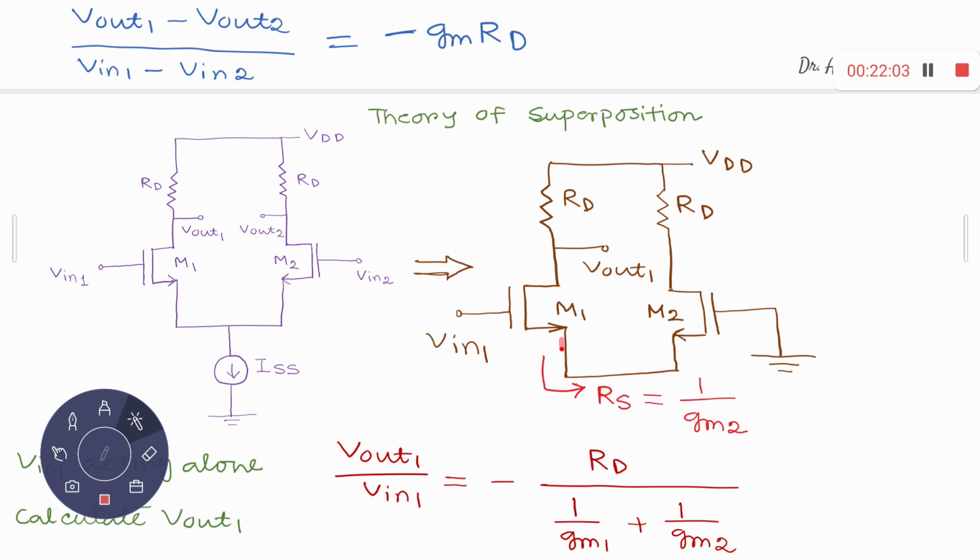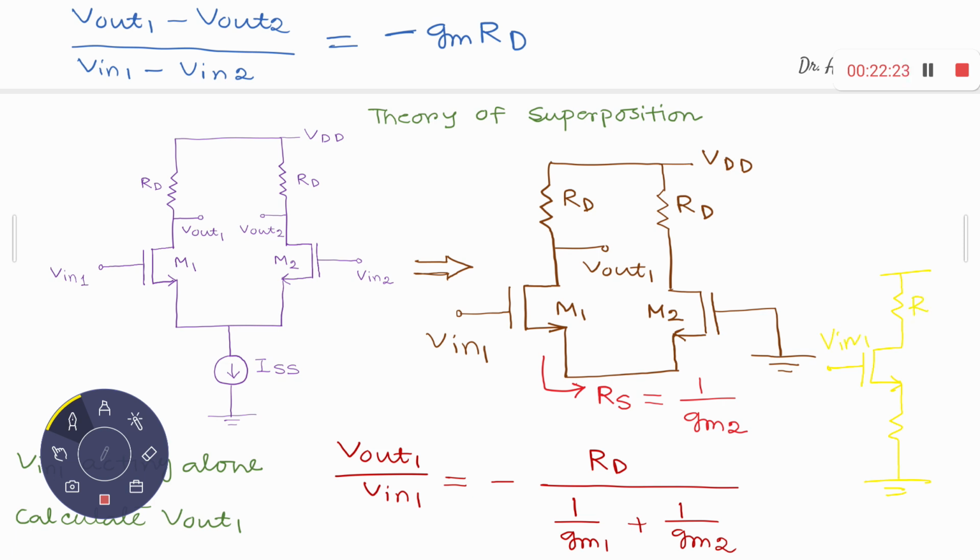If you can observe this one, for a simple common source stage, you have this kind of thing, no? Just like this. So here we applied Vin, or Vin1.